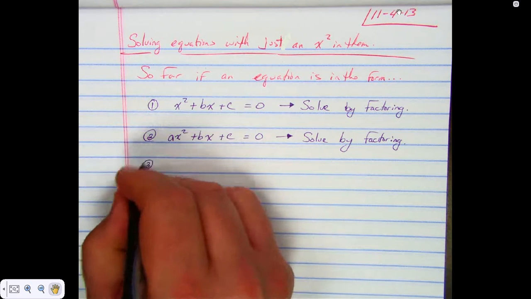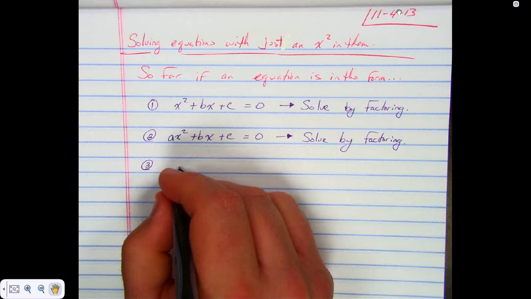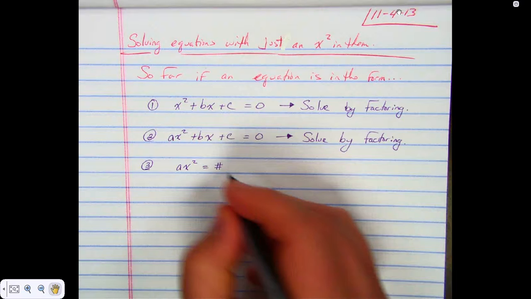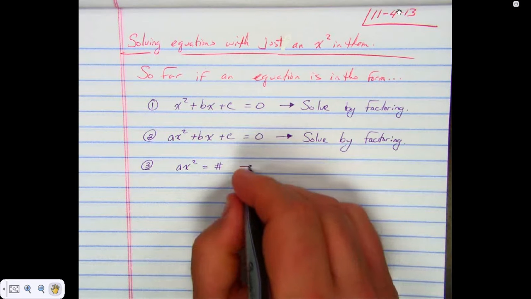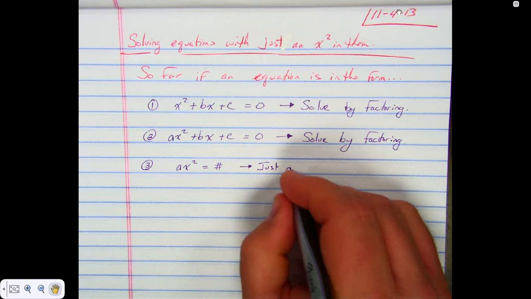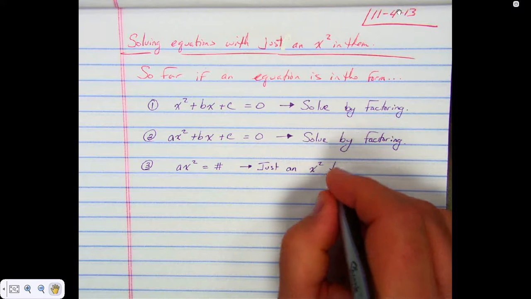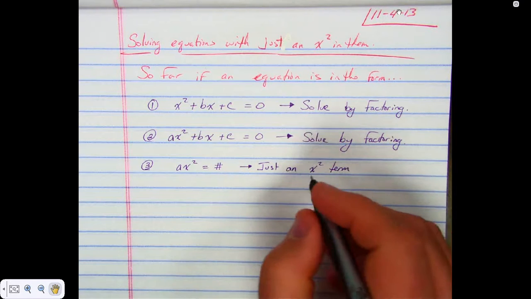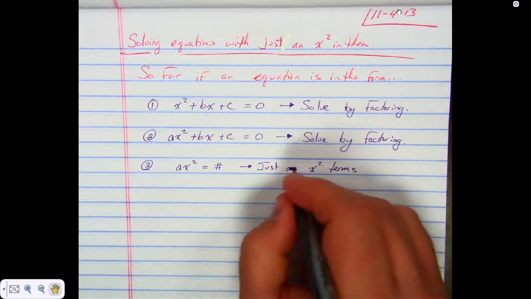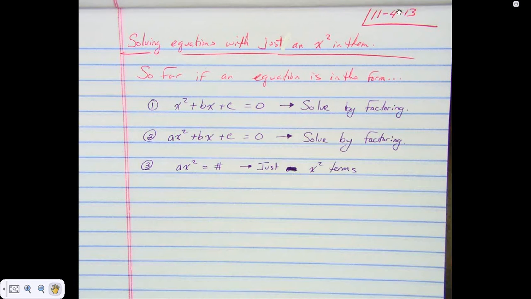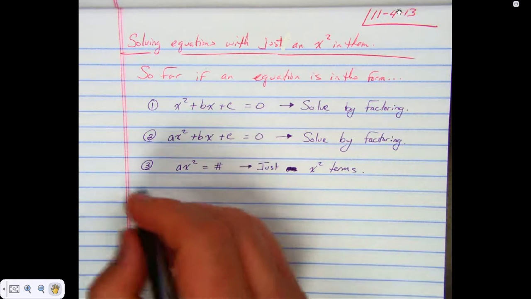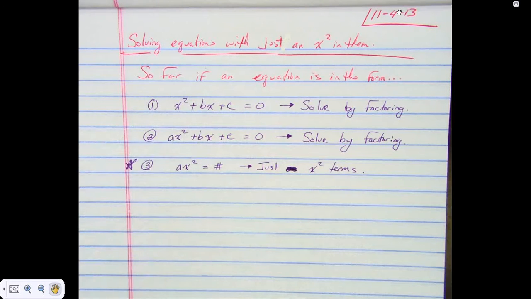Third type we're going to talk about today is if it's in the form ax squared equal to a number. In other words, just an x squared term. There's no other terms but the x squared. This is what we're doing today.